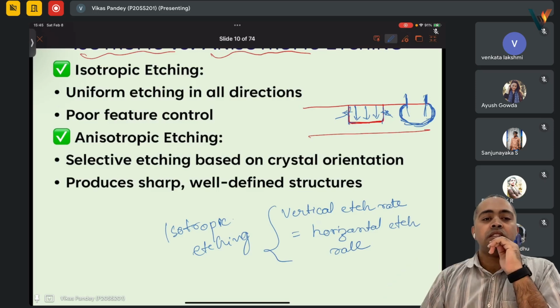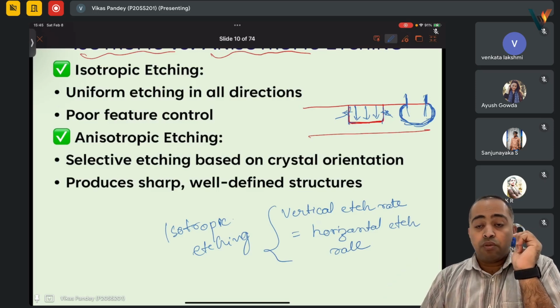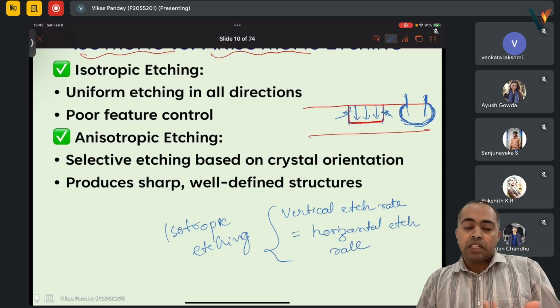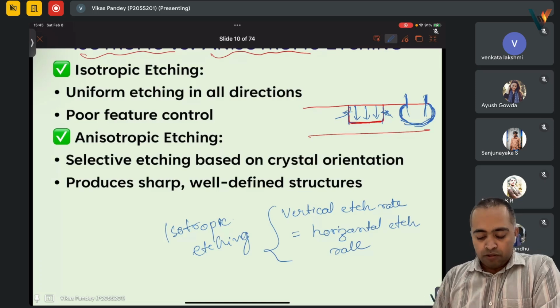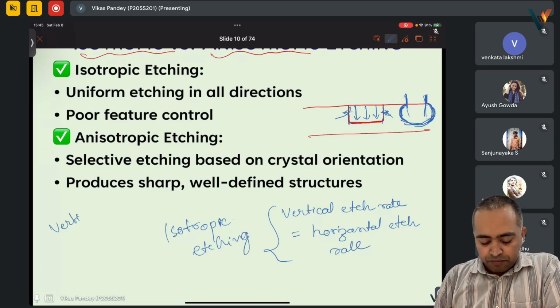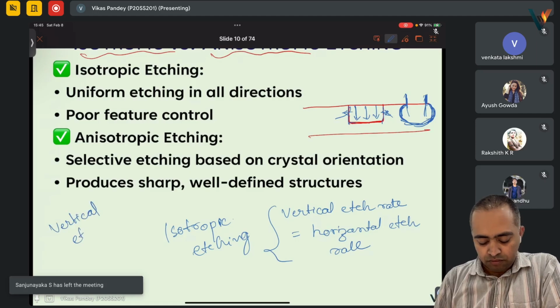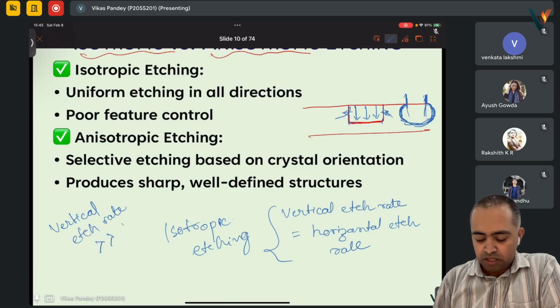In such cases, we have poor feature control. Whereas if the etching is anisotropic in nature, that means the vertical etch rate is much larger than the horizontal etch rate.